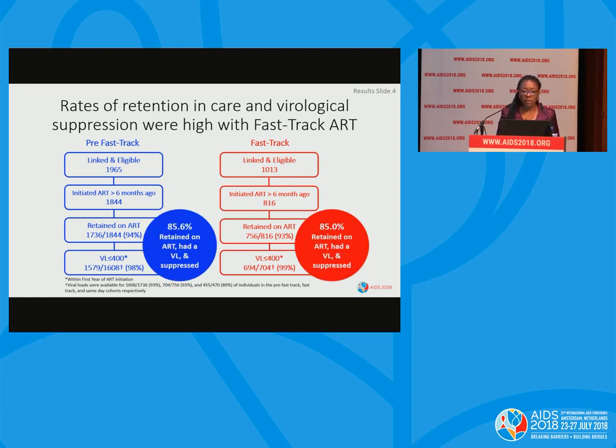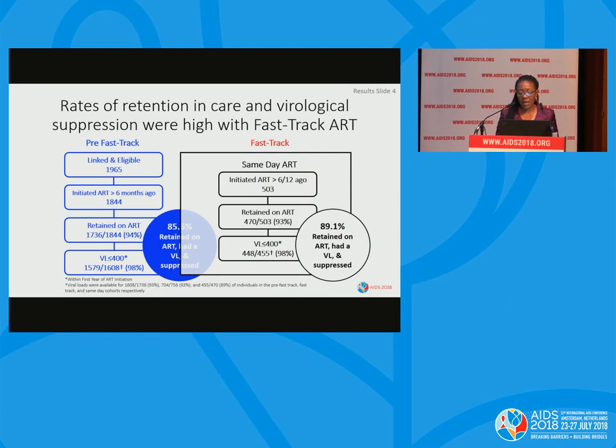If we were to make the extremely conservative assumption that those without viral load test results were not suppressed, in the pre-fast track, 85.6% of those who were retained on ART had viral load and were suppressed, and in the fast track it was 85%.